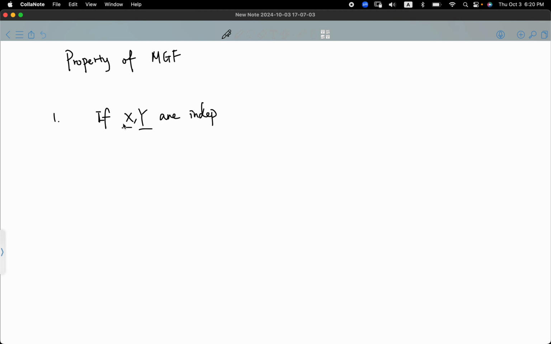So now we're talking about two random variables, and if they are independent, then the moment-generating function for this function of two random variables, x plus y, I put it in the subscript, and again it's a function of t, is equal to the product of the moment-generating function for x only multiplied by the moment-generating function for y only. So this is something that you are going to use a lot for exercise 6 and 7.